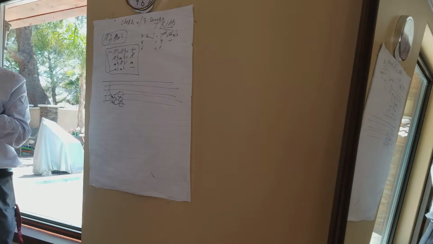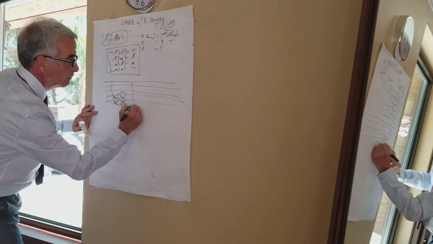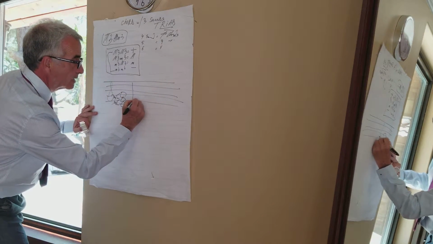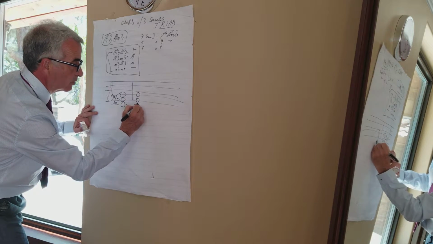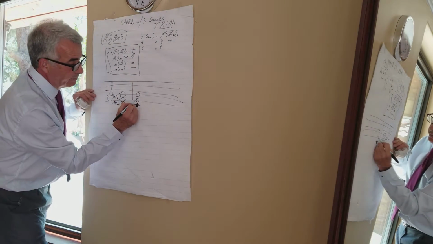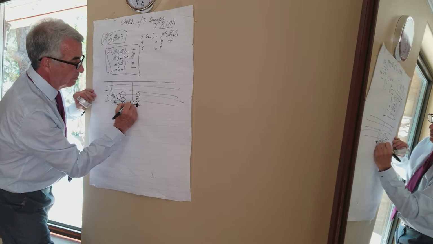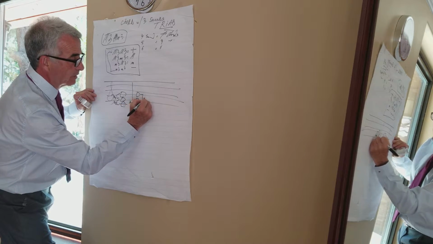But musicians can look at it differently. That's one way of looking at it. And the other way we look at it is in relationship with the fundamental. So in relationship with the fundamental, this is a major third. And this is a perfect fifth.